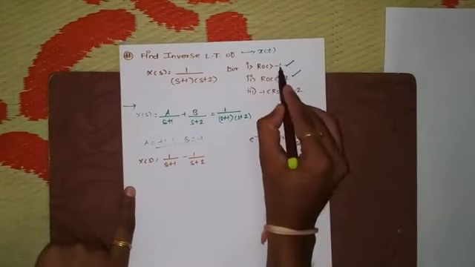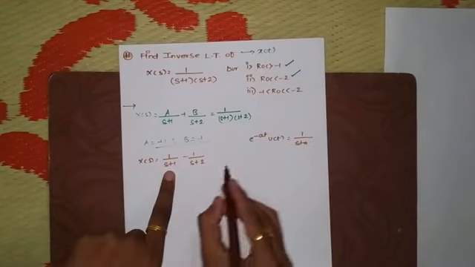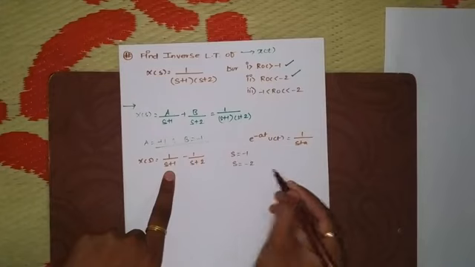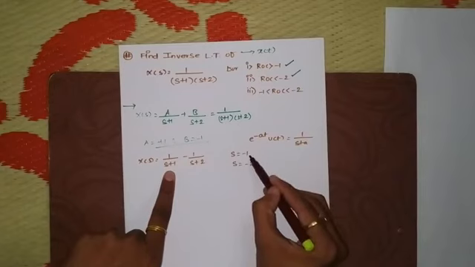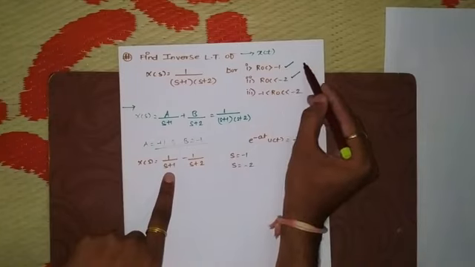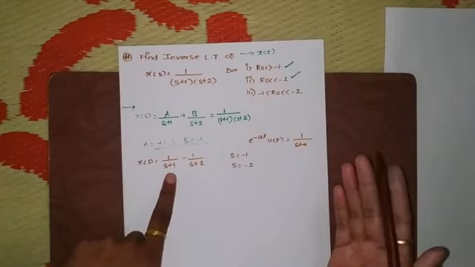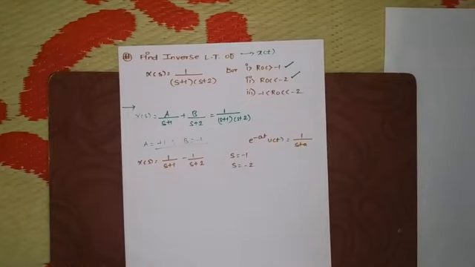First case is ROC greater than minus 1. If you see, this system has 2 pole points. The first pole point is minus 1 and the other one is minus 2. If we compare these two, definitely minus 1 is greater than minus 2. So corresponding to region of convergence greater than minus 1, we can say that the signal is right sided, because the property of ROC says that if we are having 2 pole points, we can take the maximum of them.